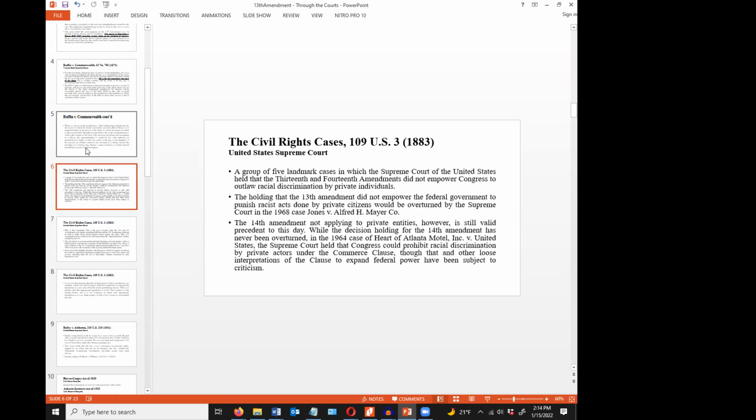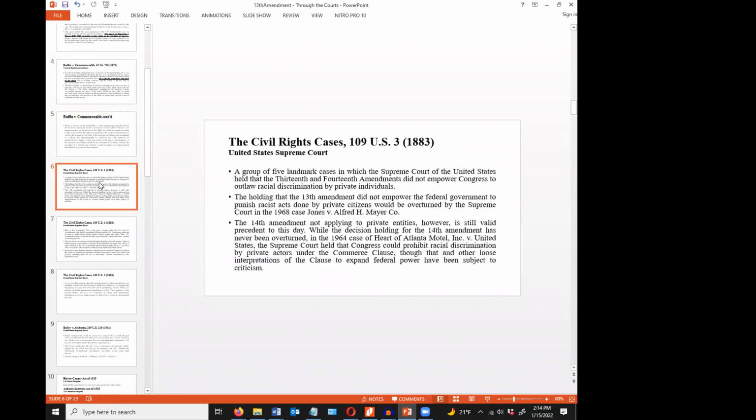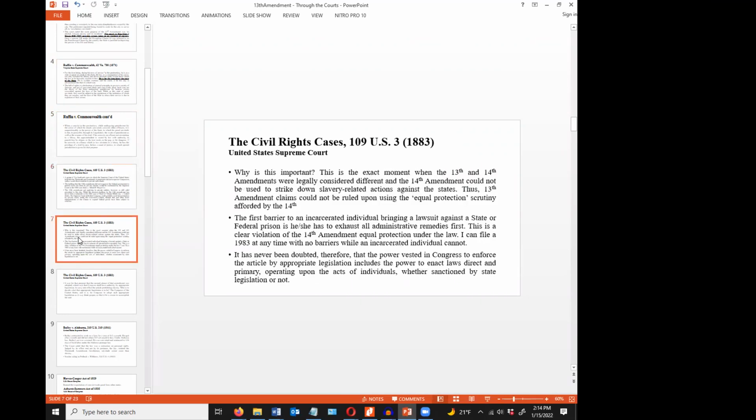While the decision holding for the 14th Amendment has never been overturned, in the 1964 case Heart of Atlanta Motel versus U.S., the Supreme Court held that Congress could prohibit racial discrimination by private actors under the Commerce Clause. Though that and other loose interpretations of the clause to expand federal power have been subject to criticisms.